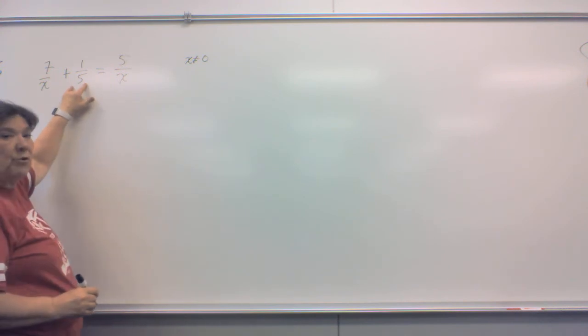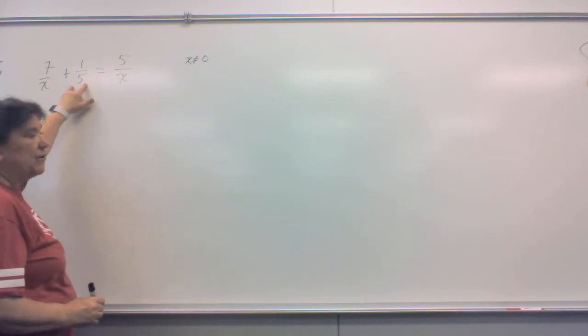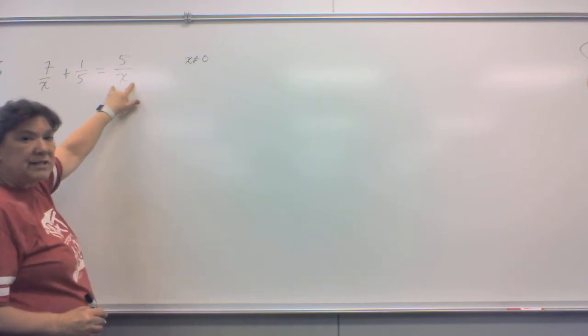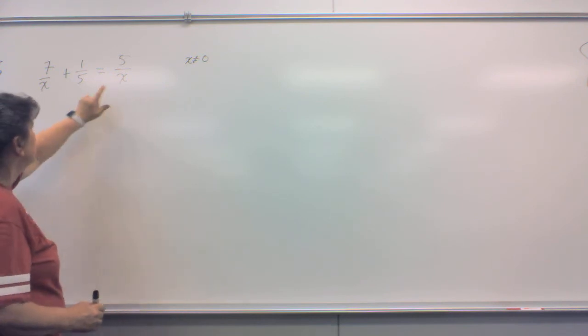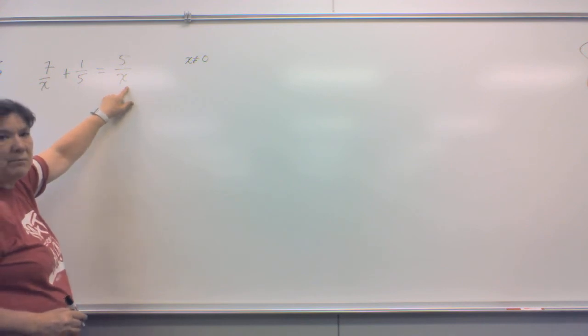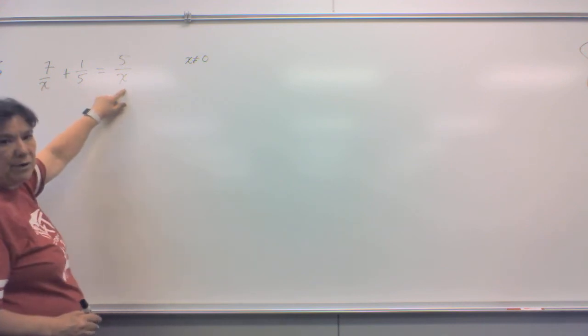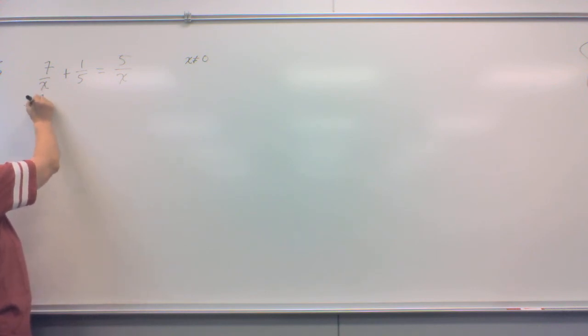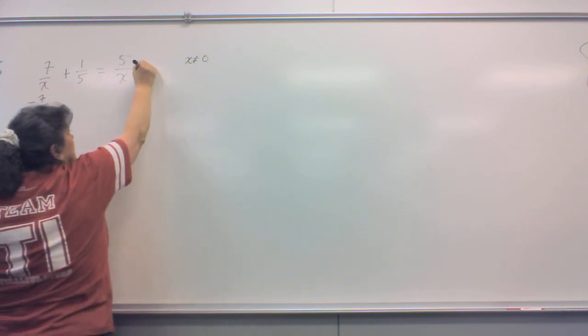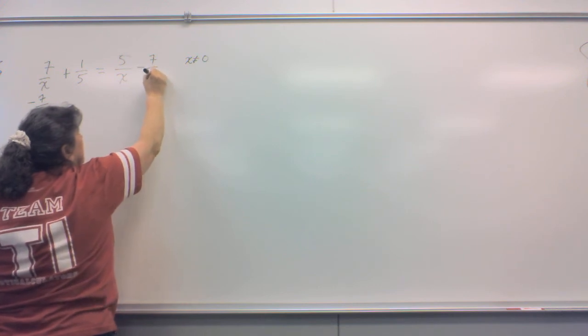Here I have a regular fraction with no variable, and on the other side I have a rational expression with x in the denominator. I notice right away that these have the same denominator, and they both have a variable in the denominator. So therefore, I am going to subtract this from this side and do the same over here.